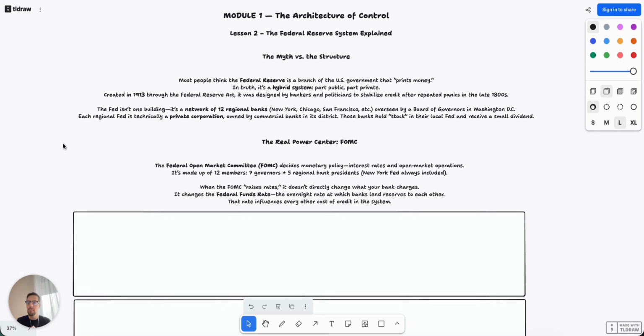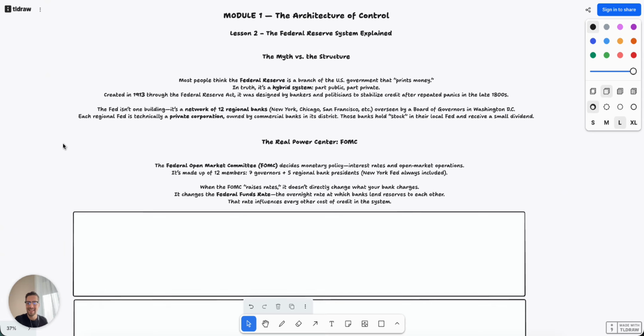The real power center of the whole Fed is the FOMC, the Federal Open Market Committee, which decides on the monetary policy. So when you see crypto Twitter or news channels mentioning an FOMC decision, speech, or conference, whatever it may be, it means that the Federal Open Market Committee is going to make a decision on interest rates and monetary policy changes.